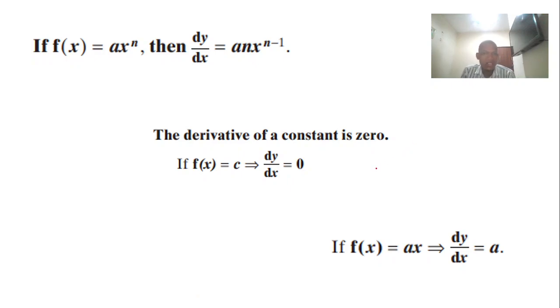Now these are three of the rules of differentiation. Now the first one says that if I have a function, okay, this is my function f of x. So if f of x is equal to a x to the power of n, now dy over dx.